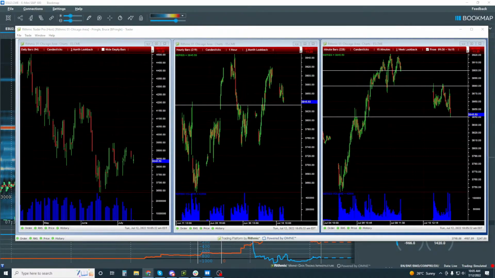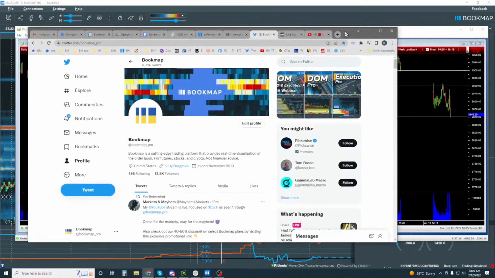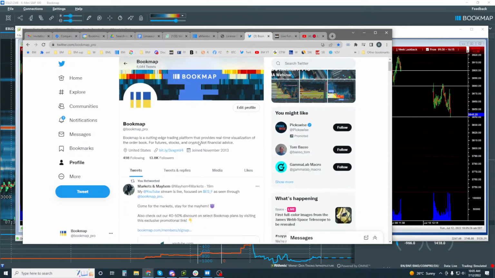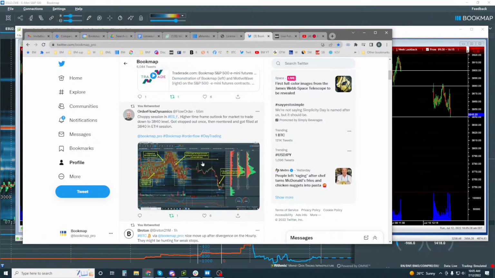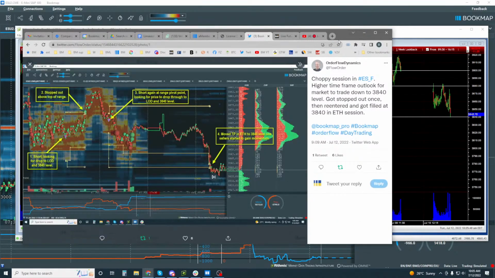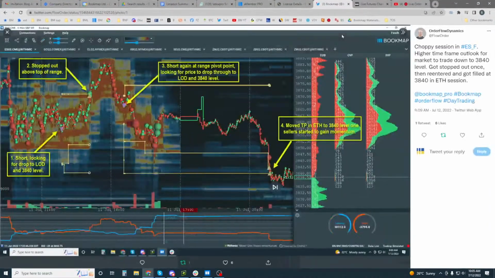So let me go over that. Basically, it was a choppy session, and this was the open here, the move to the downside. We were still looking for a move to the downside based on our overall higher time frame look.